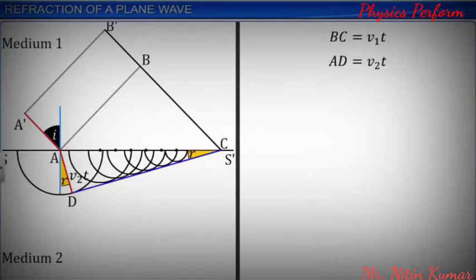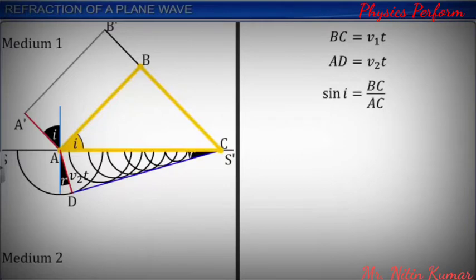Since angle BAC is equal to I, from the triangle ABC we have sin I equal to BC by AC. Similarly, as the angle ACD is equal to R, from the triangle ACD we have sin R equal to AD by AC.